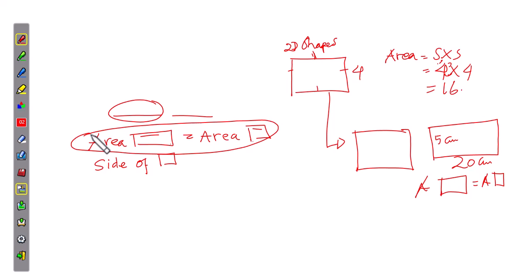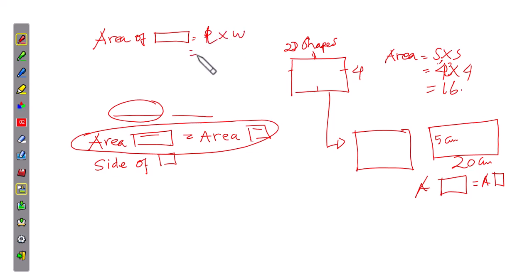Since the information that we got is from the rectangle, we use what we have. So the area of the rectangle, by using the formula, is length times width.